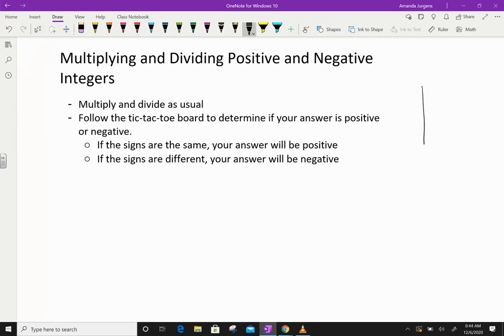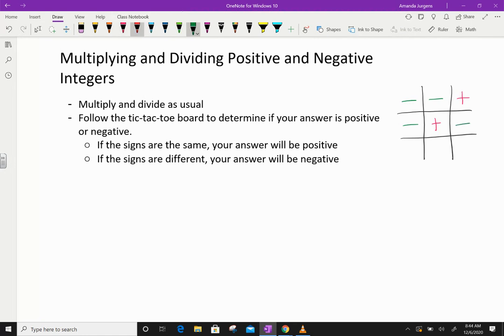This is the tic-tac-toe board that I like to follow when I am multiplying and dividing positive and negative integers. So again, when you have a negative times a negative, you end up with a positive number here. If you have a negative times a positive, so my signs are different, then we end up with a negative answer.